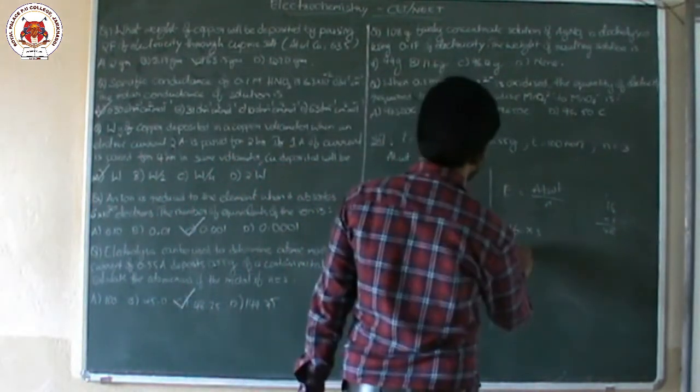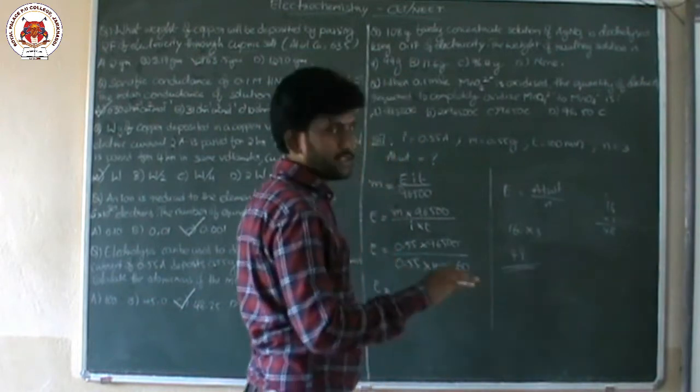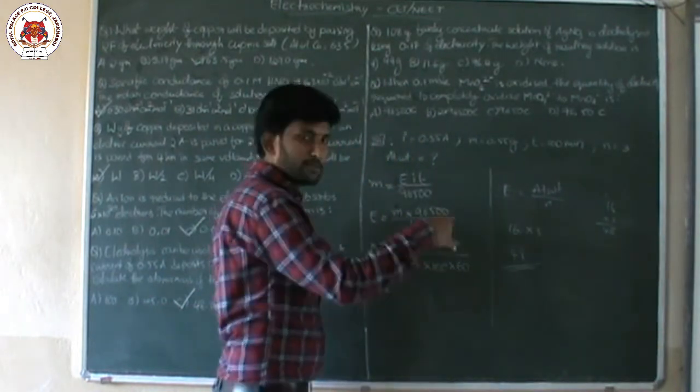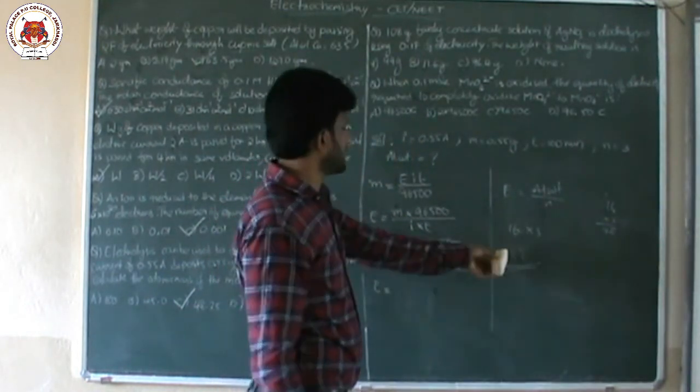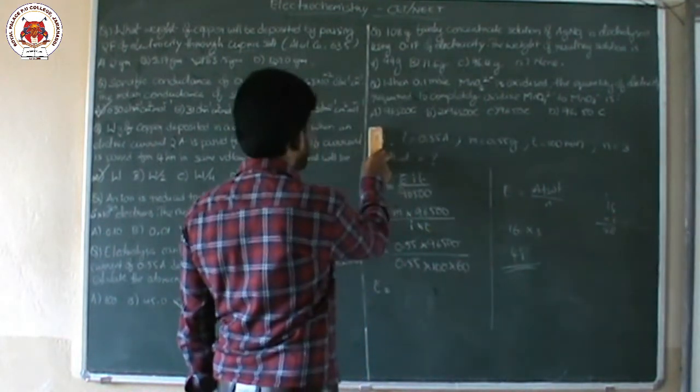Okay, so it will be around 48. If you do it exactly with the calculator, then you can count the decimal points also, and exactly you will get around 48. Okay, right.